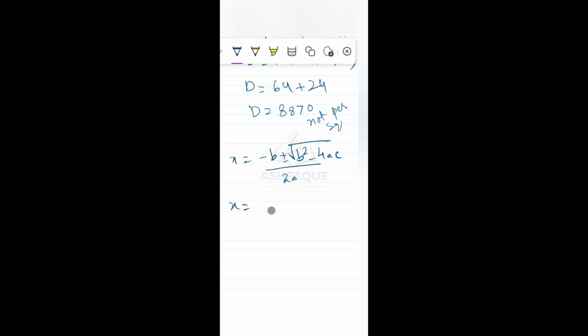So x equals minus 8 plus minus the square root of b square minus 4ac, which is 88, upon 2 into 3.